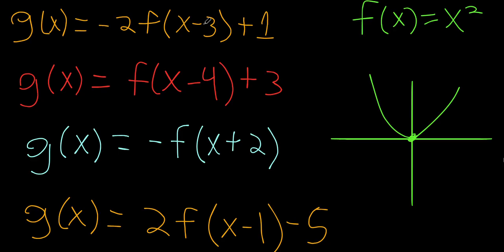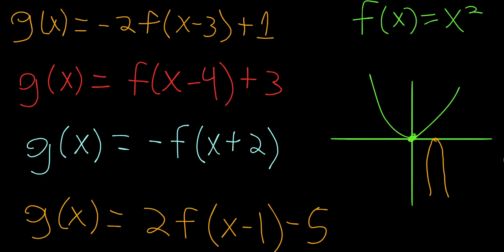So let's do it in order of parentheses first. So -3 is going to move us to the right 3 units. So that would be right about here, right about 3 units over, right about there. All right, and we're also given a multiplication. So we're going to flip and we're going to stretch. So we're going to write that in there, flip and stretch.